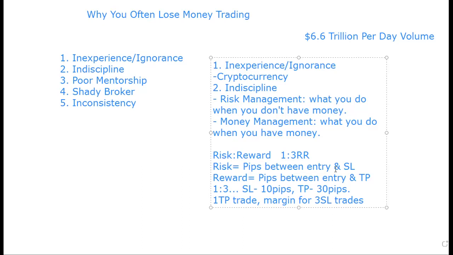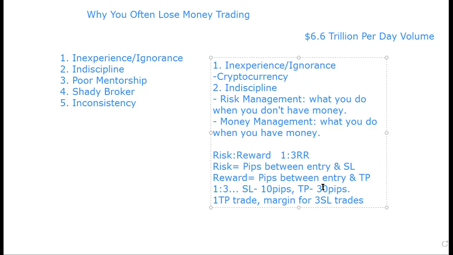So what I'm simply saying is that if you practice a risk reward of 1:3, and say, for example, your stop loss on one trade is 10 pips, your take profit has to be 30 pips if truly you are following a risk reward principle.